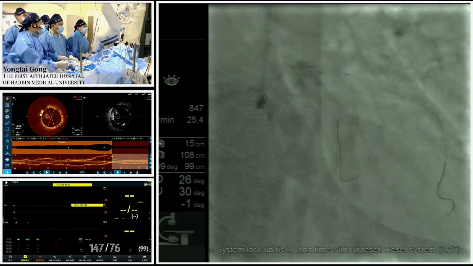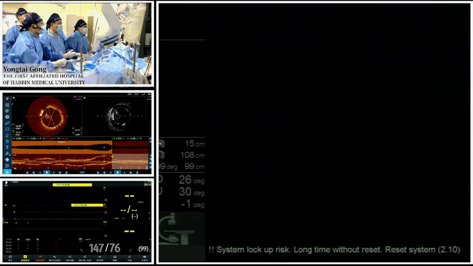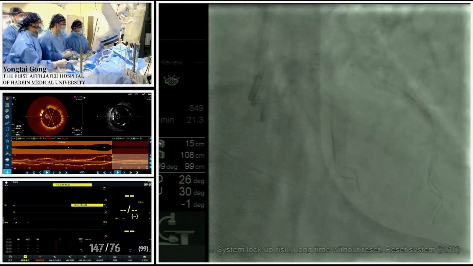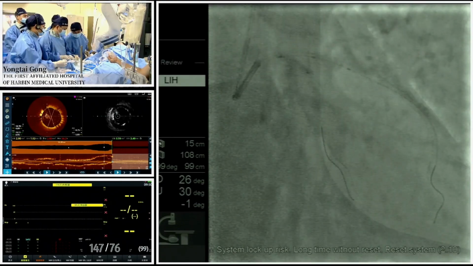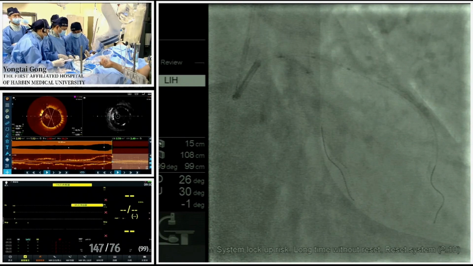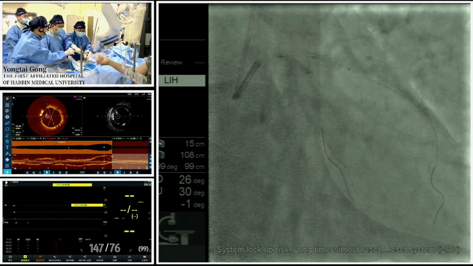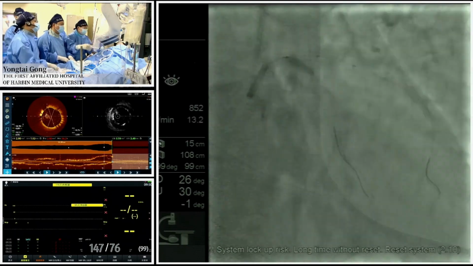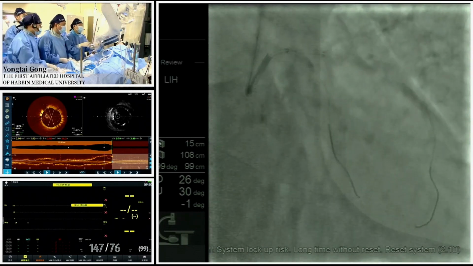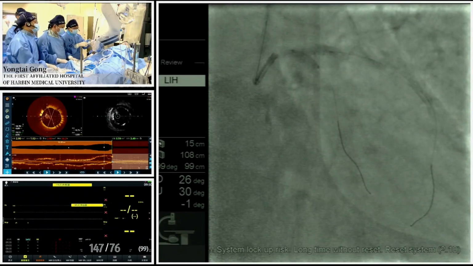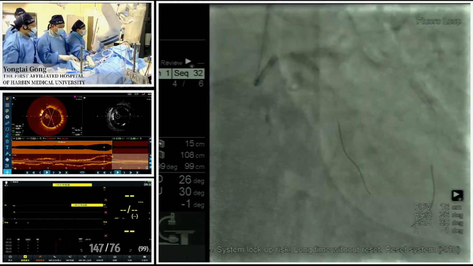Tell us more about that. The side branch NC balloon should be inflated first and then deflated to 4 ATM, and then the main branch NC balloon should be inflated with a short overlap and deflated immediately.